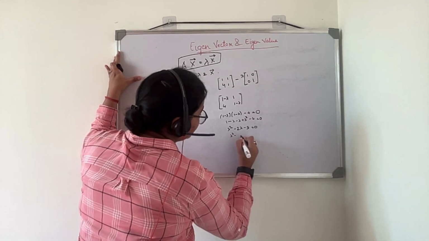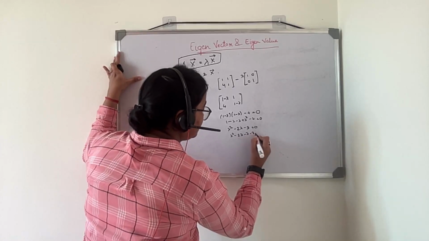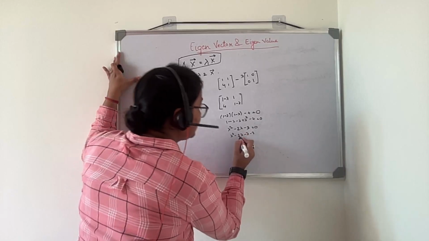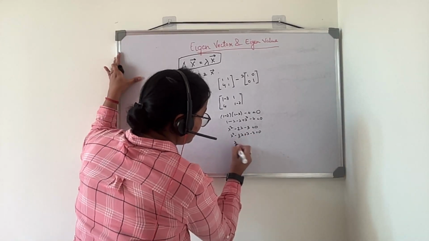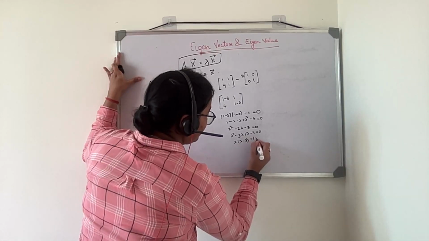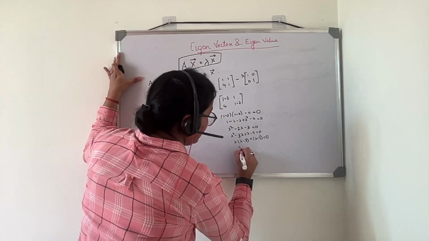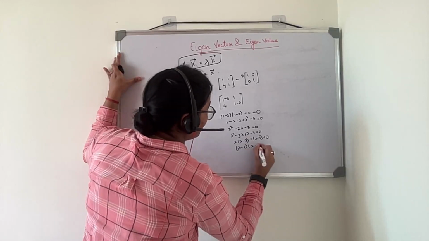Lambda square minus 3 lambda plus lambda minus 3 equal to 0. If we take lambda common, lambda into (lambda minus 3) plus 1 into (lambda minus 3), or (lambda plus 1) into (lambda minus 3) equal to 0.